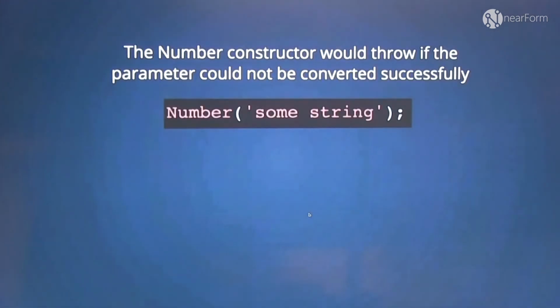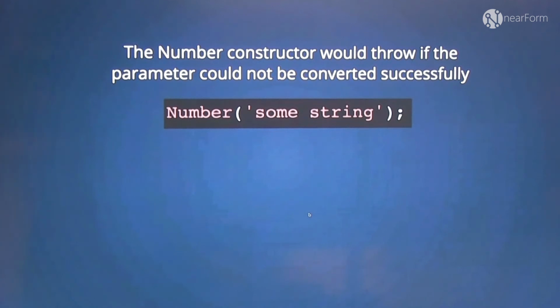One of the worst things that I found was that at that time, the implementation of the Number constructor would throw if the parameter could not be converted successfully.